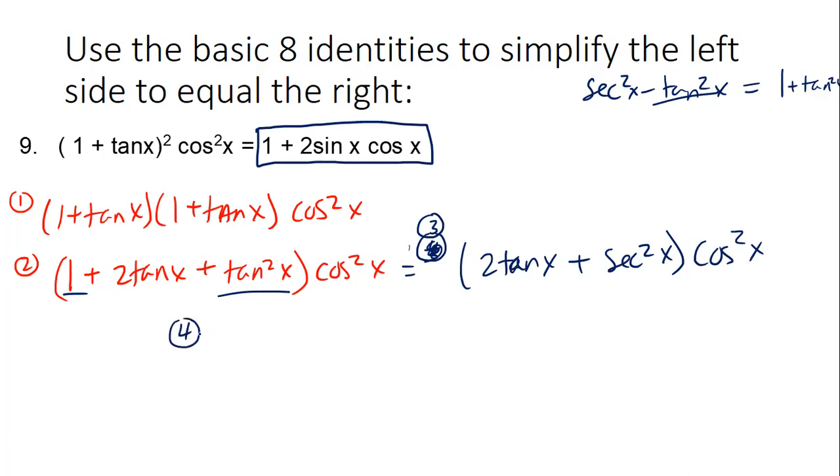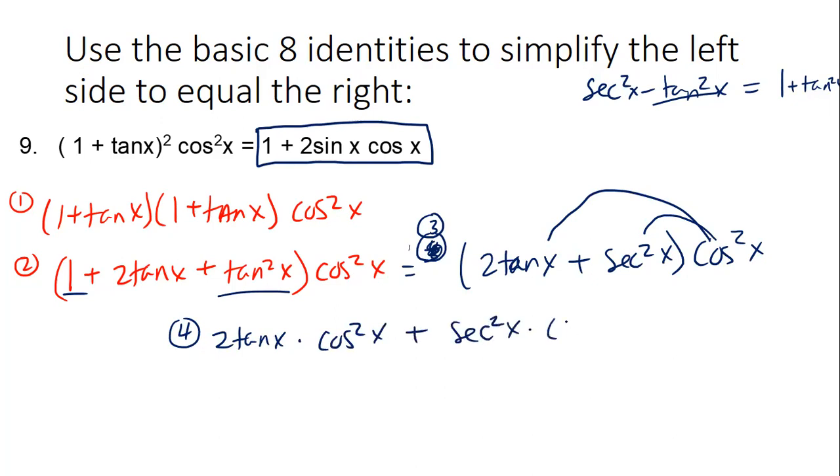So we're going to distribute. So we end up with 2 tan x times cosine squared x plus secant squared x times cosine squared x.